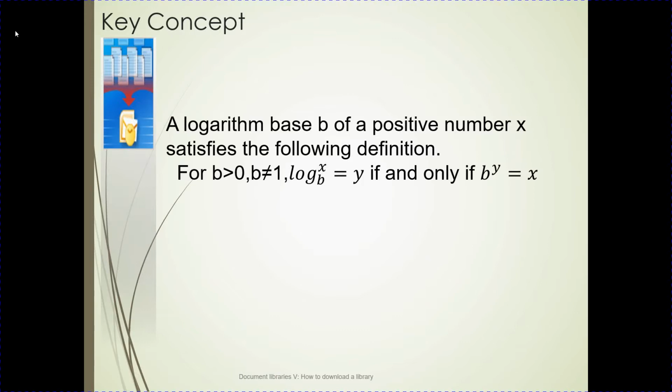So if you want to draw the graph of the logarithmic function, you just reflect the graph of the given exponential function across the line y is equal to x. So this is a basic concept regarding the logarithmic function.